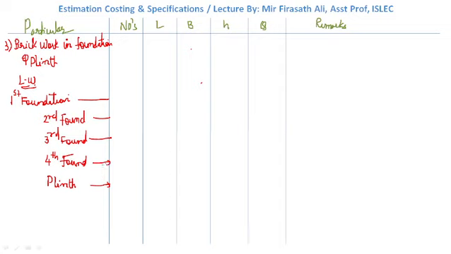This is all the data we have. What is the quantity of long walls? We have 2 long walls.